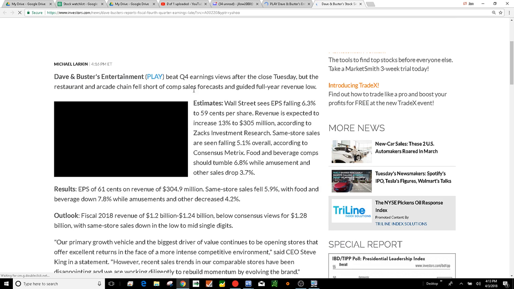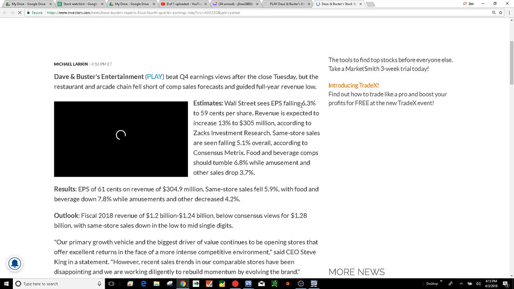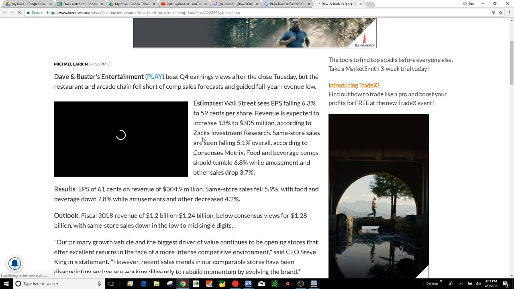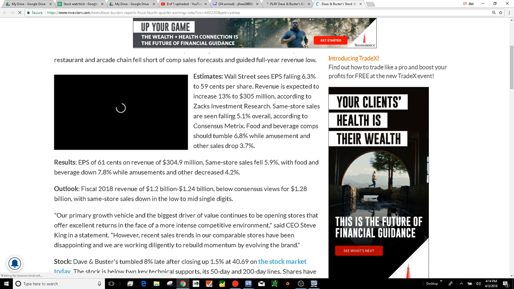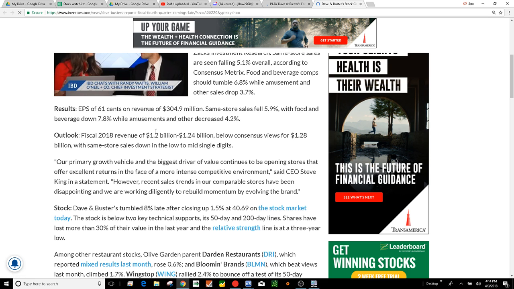Okay, fell short. Estimate, let's see, Wall Street sees EPS falling to 59 cents. Revenue expected to increase. Same stores tumble. I'm just trying to look for information. Revenue fell almost 6%, down 7.8, decreased.